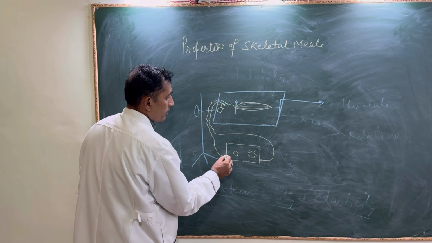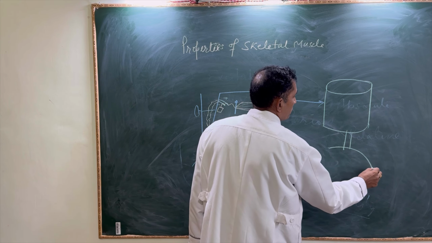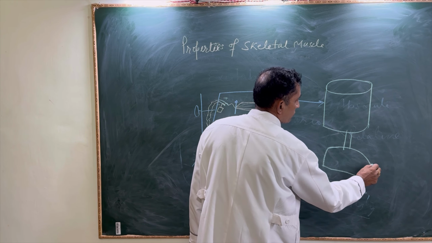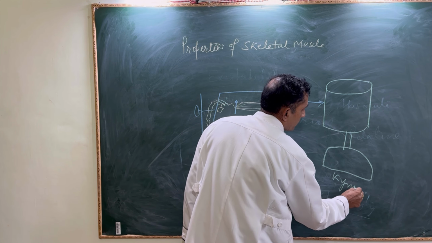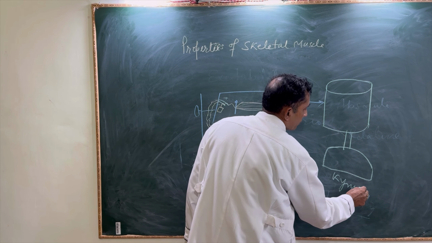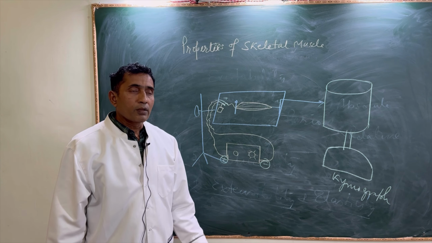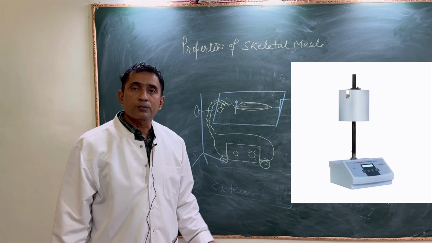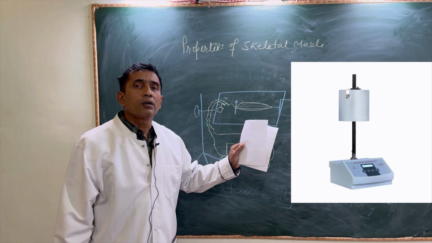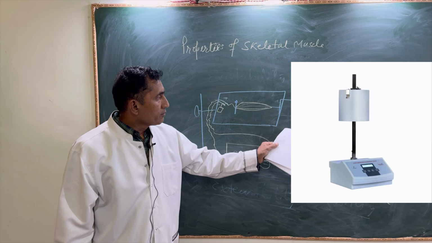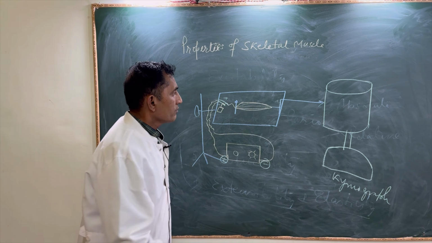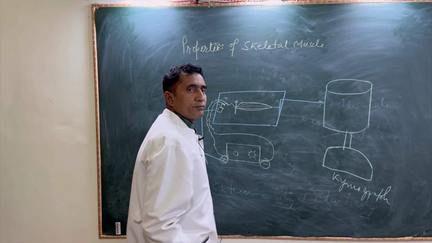And this is the drum. We have the kymograph. If you ask your teacher, he or she will explain, or will give you one machine, the kymograph. It's a small machine, and this drum can be rotating.